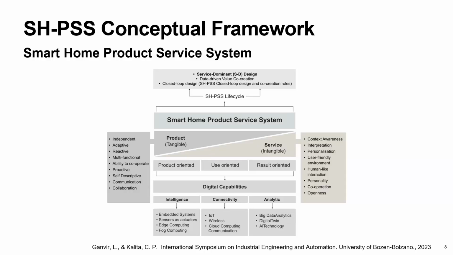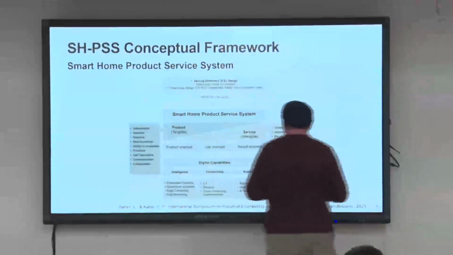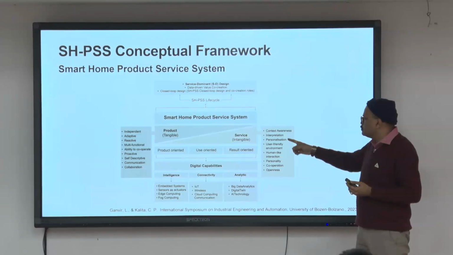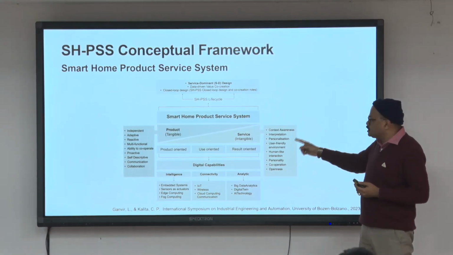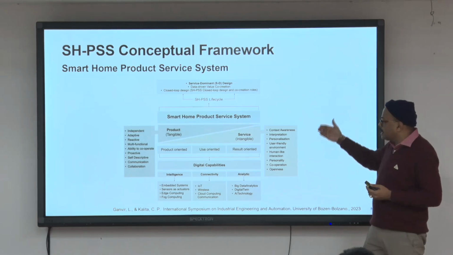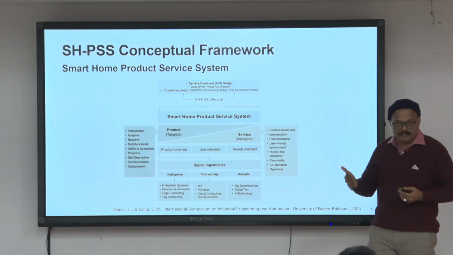So here we have identified that these are the product attributes. Service attributes, we have identified: context awareness, interpretation, personalization, user friendly environment, human like interaction, personality, cooperation and openness.